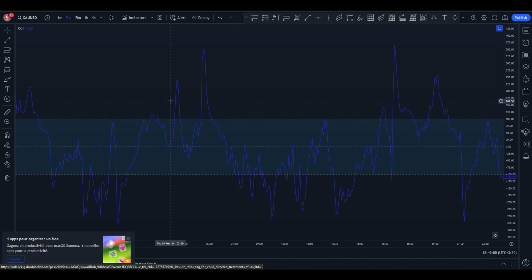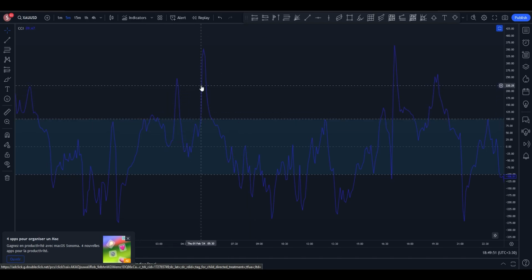The CCI indicator consists of a signal line that oscillates between plus and minus 100. The CCI indicator can be interpreted in different ways, such as crossover.